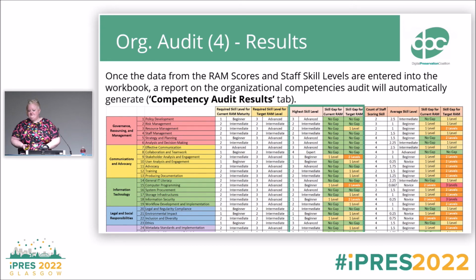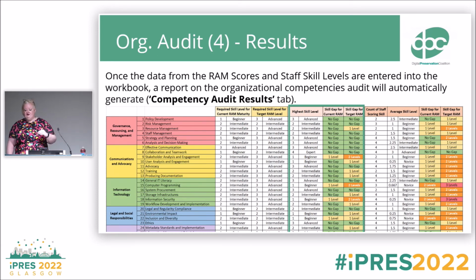The next 2 bits are actually bringing through results from the individual spreadsheets and comparing them. So the middle section is looking at the highest level of skill any member of staff has amongst the scores that you've inputted into the spreadsheets. It lists the highest level of skill and then tells you if there are any gaps between your current RAM level and your target RAM level in terms of skills.